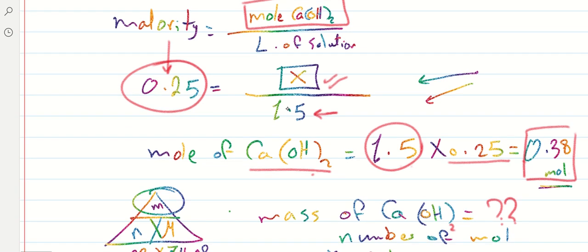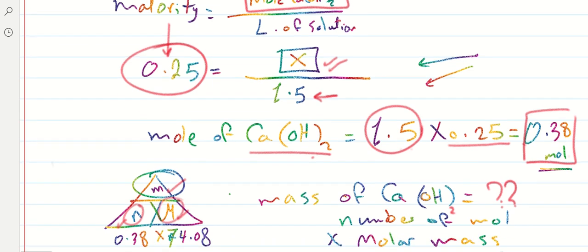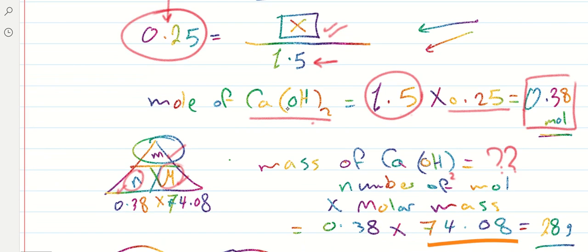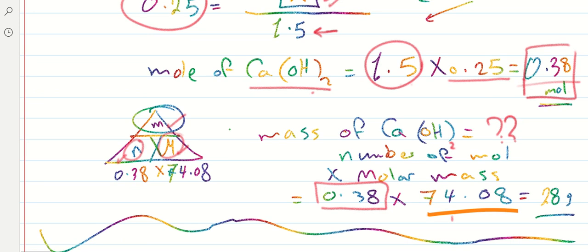We say number of mole equals mass in gram divided by molar mass. So I have the number of mole. From the periodic table I can get the molar mass. So mass in gram will be, you just multiply the number of mole, which is 0.38, by 74.08, divided by 1 mole, or you don't divide, whatever.